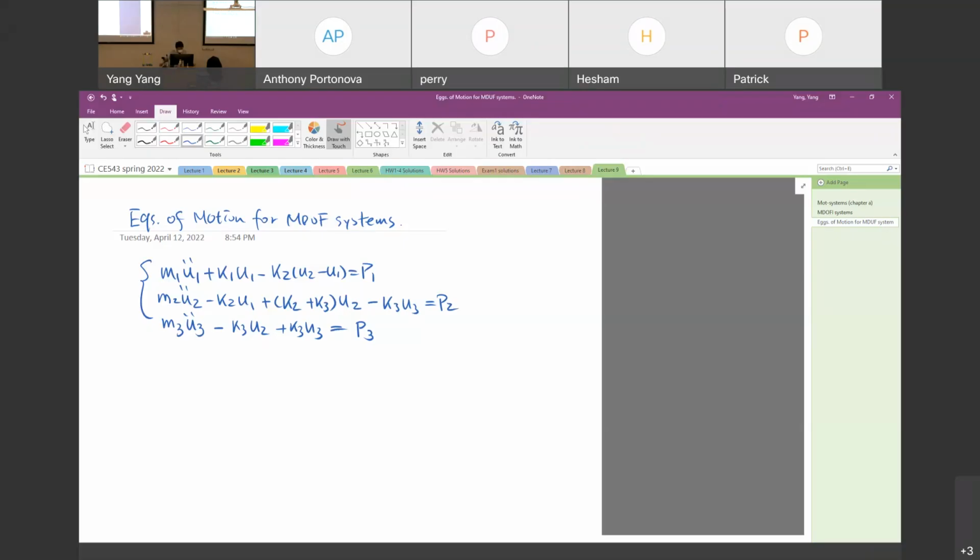The reason why we rewrite or reformat the three equations is because we want to express them in terms of a matrix. So now we write it in matrix.